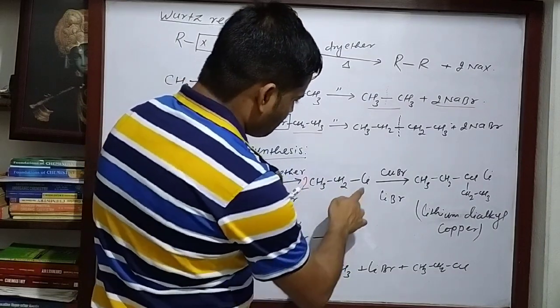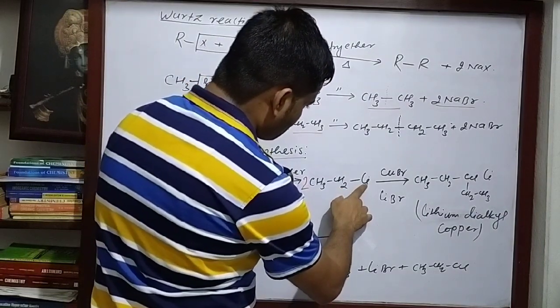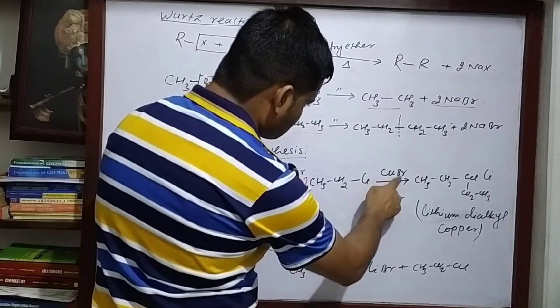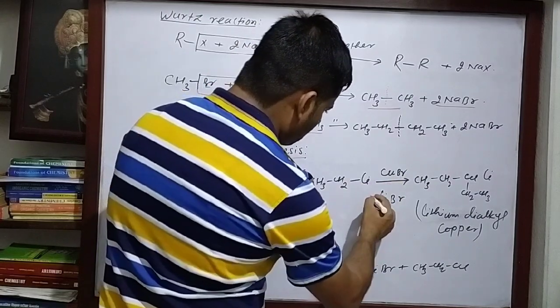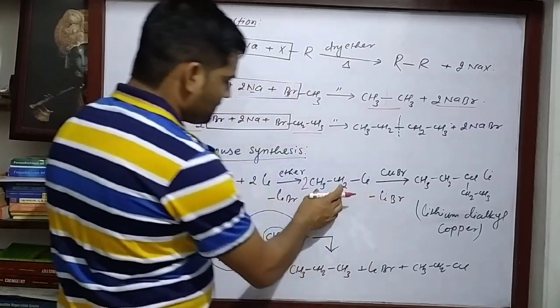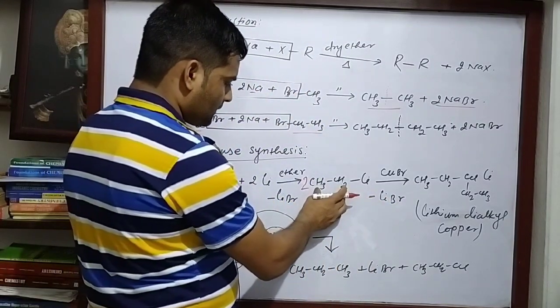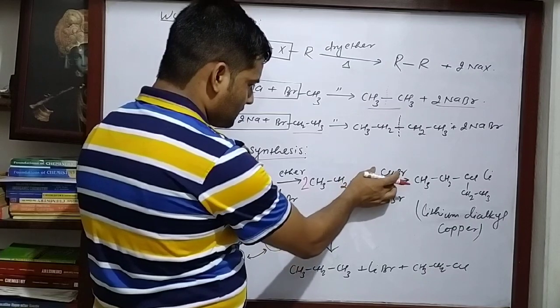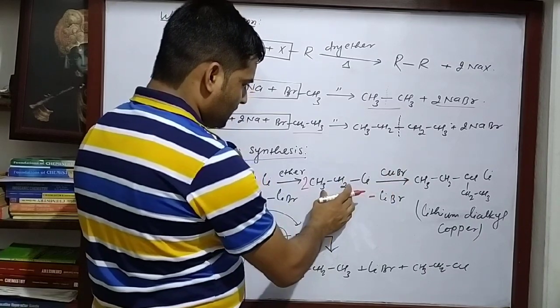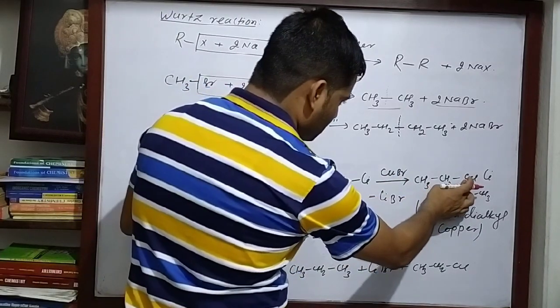From two molecules, one lithium combines with this bromine to give again lithium bromide, and here how many alkyl groups? 2, and the remaining one lithium, one copper, and these alkyl groups form a bond with copper.